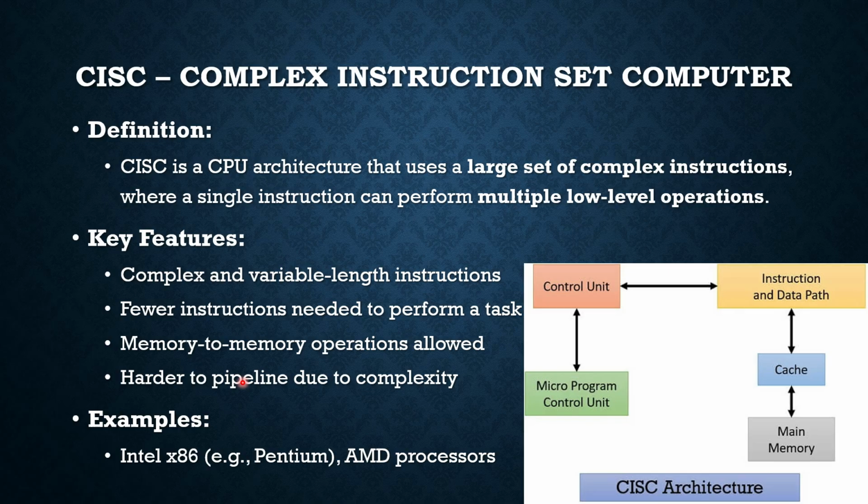Coming to a miniature version of the CISC architecture, it has a microprogram control unit, through which the instructions are accessed, and these instructions and data are fetched by cache from the main memory. So altogether the instruction sets are complex and of varied length, and a single instruction can perform multiple tasks. This is the case of a CISC processor.